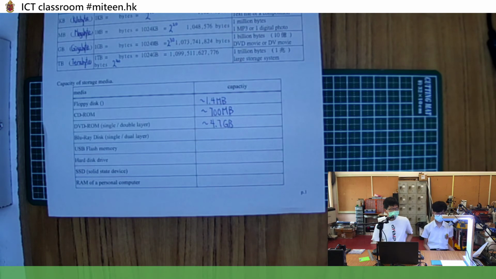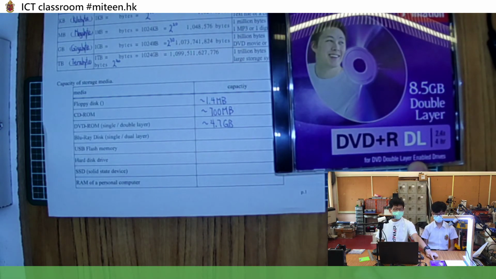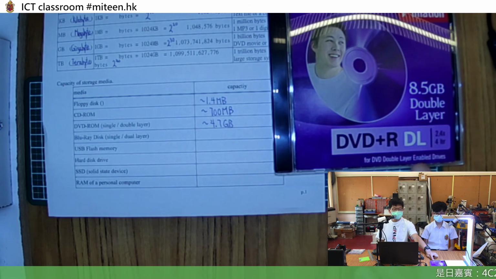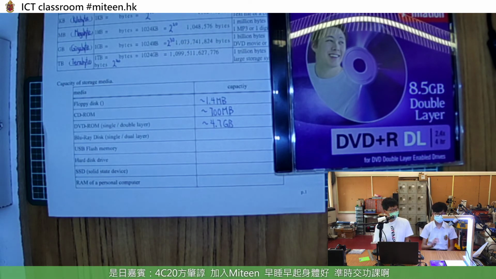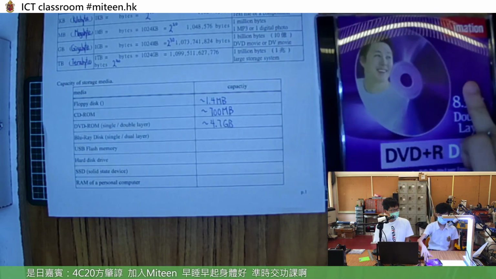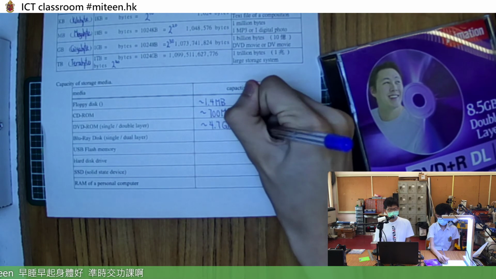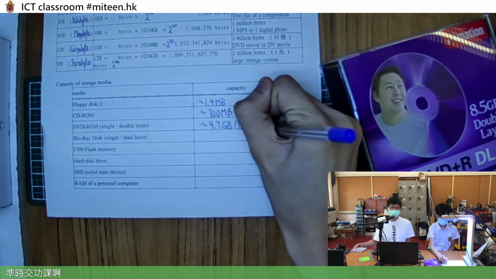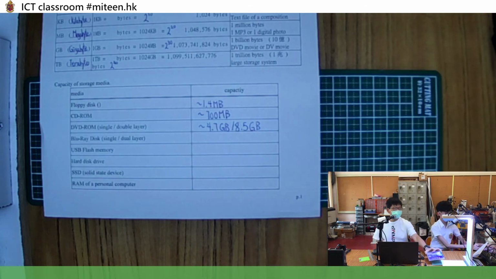In the market, you can also buy this one. This is a double layer or dual layer DVD-ROM. The capacity of a standard double layer DVD-ROM can be up to 8.5 gigabytes. Wow, really big. This is a Blu-ray disc.